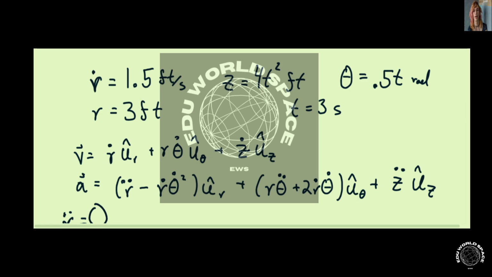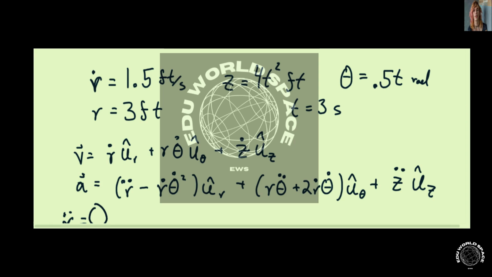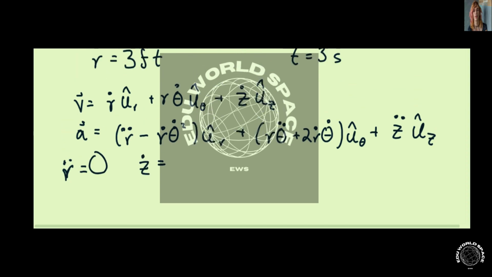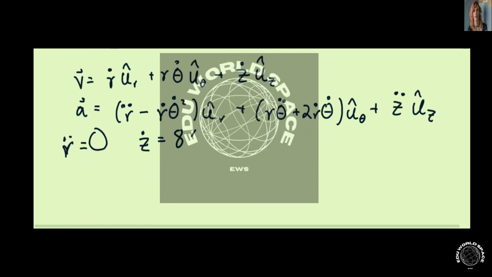R double dot, or the second derivative with respect to r, is just going to be 0, since the robot has a constant radial velocity for that time. Z dot is just going to be the derivative of 4t squared with respect to time, which is 8t, and then z double dot is going to be the derivative of that again, which is 8.